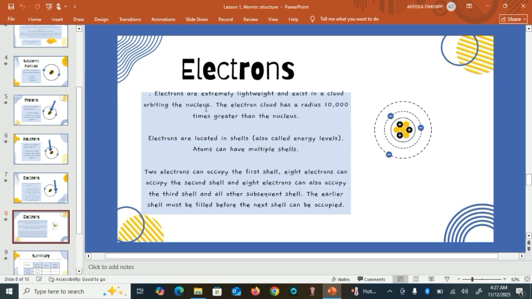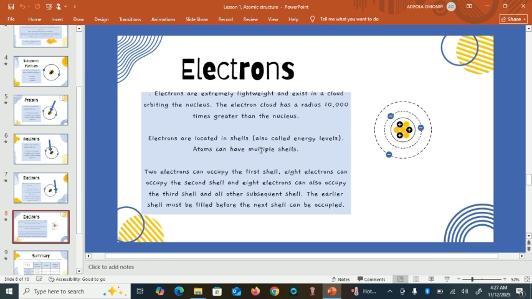That's where they exist. The electron cloud has a radius 10,000 times greater than the nucleus. Remember in the previous video, I said if the nucleus is a pea, then the orbit will be a football stadium.